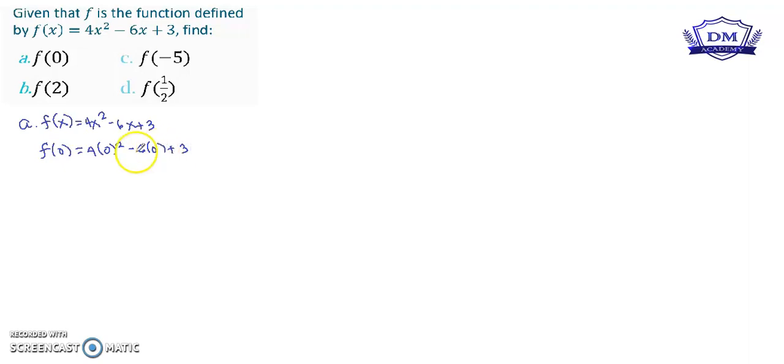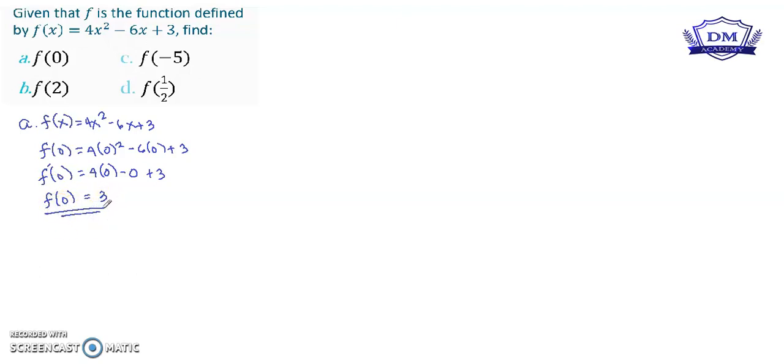As you can see, we just substitute the value of 0 to x. Then simplify. f of 0 is equal to 4 times 0 squared is just 0, minus 6 times 0 is still 0, plus 3. So f of 0 is 3.